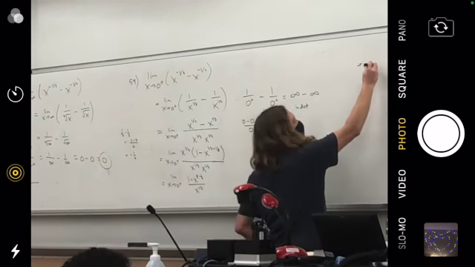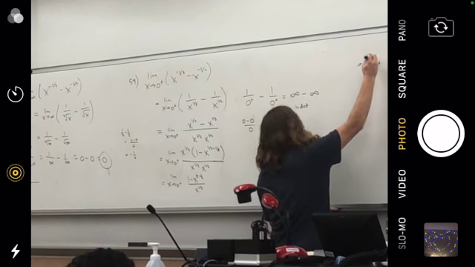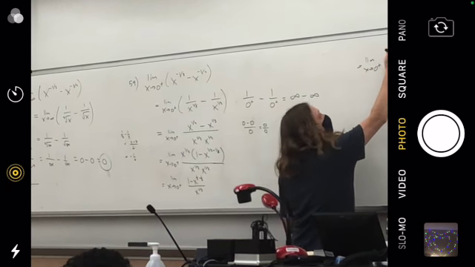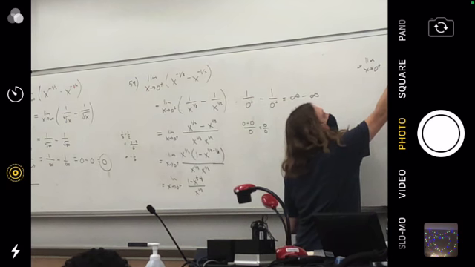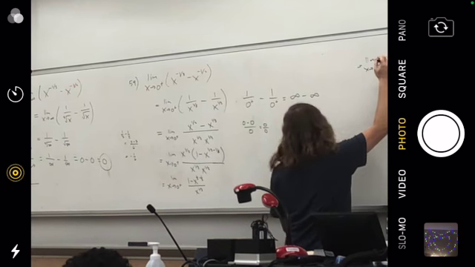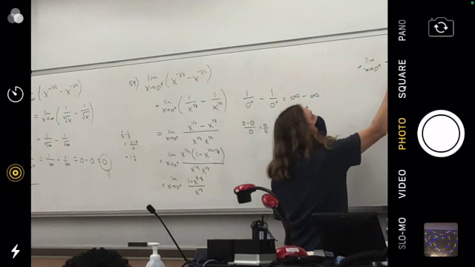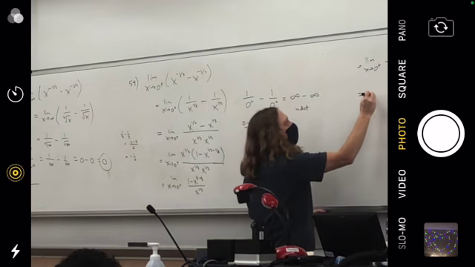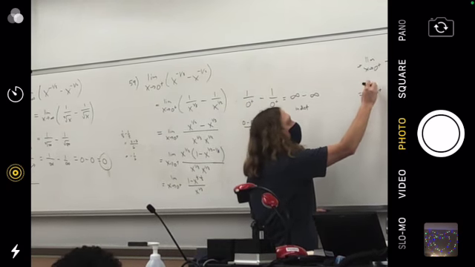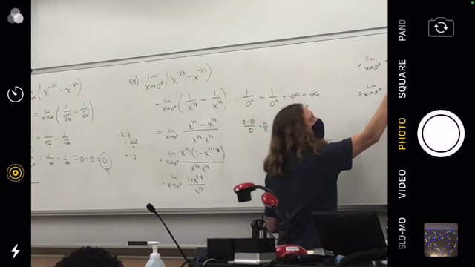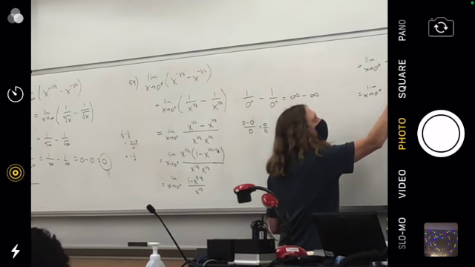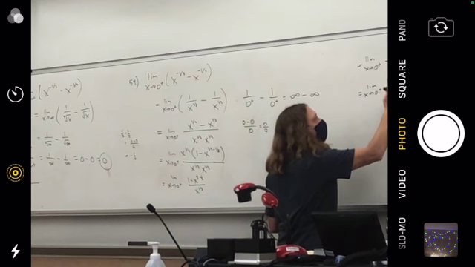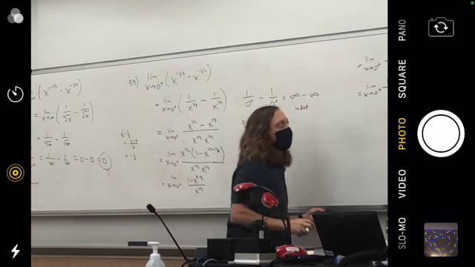So if the limit as x goes to 0 from the right, of 1 minus x to the negative 1/6 over x to the 1/3. And if I get rid of the negative exponent, it's a little easier to see. I get this, right?